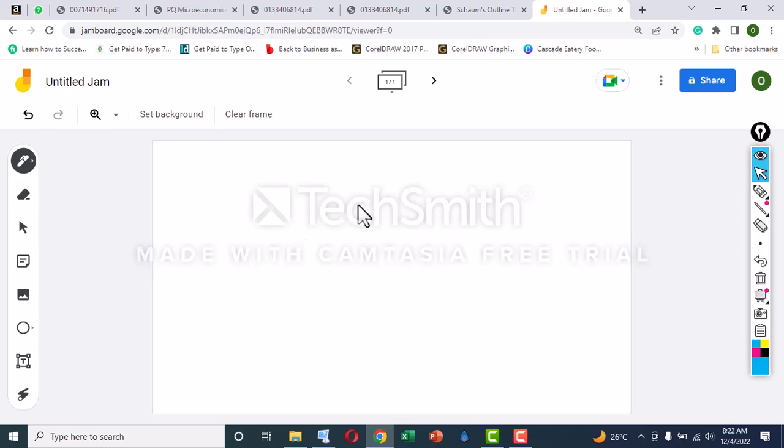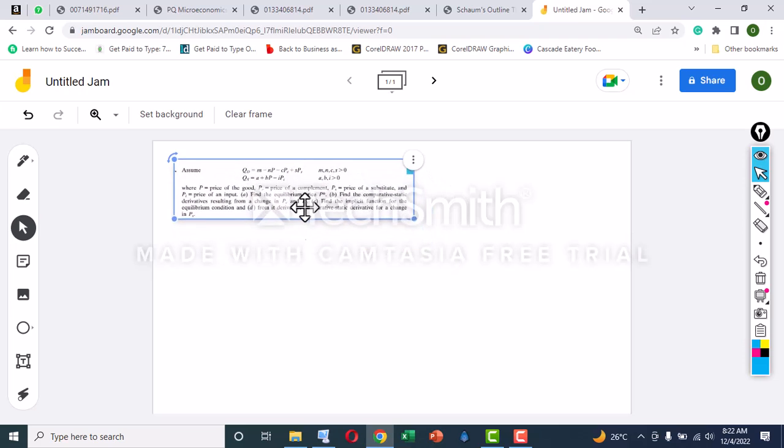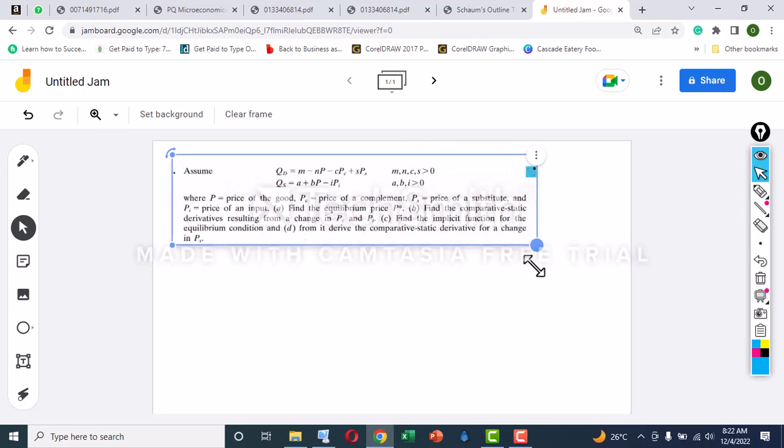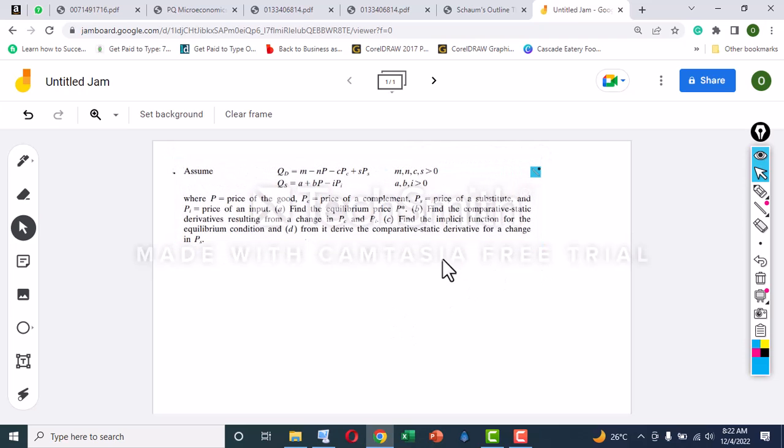Let me bring my question back. The second question, the B part, says find the comparative static derivative resulting from the change in PC and PI. Now this one, you just differentiate.